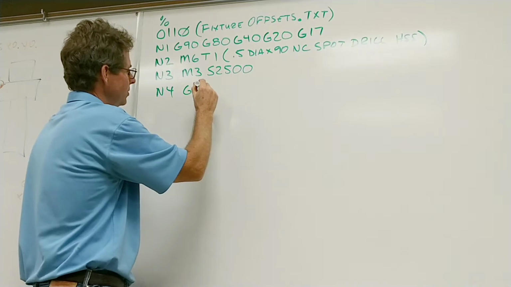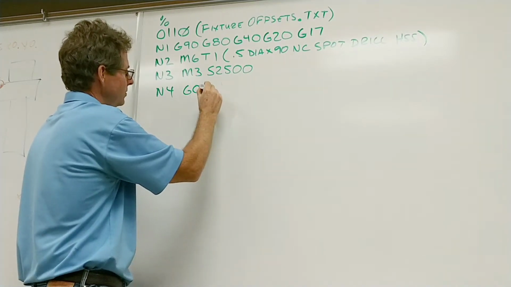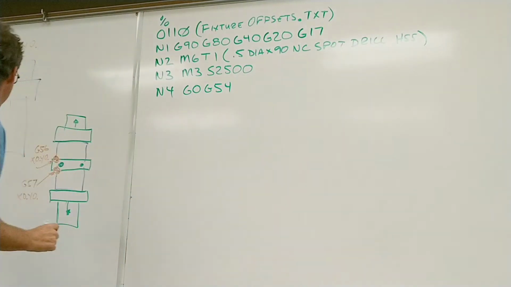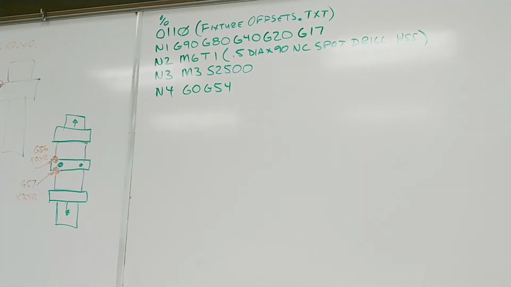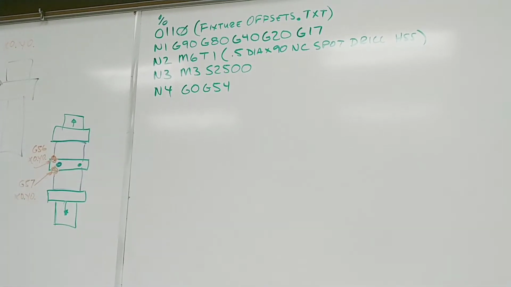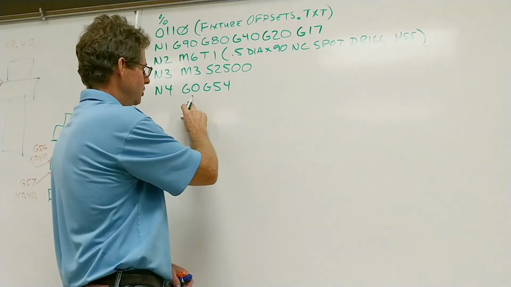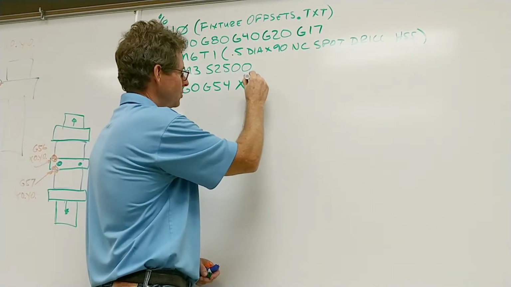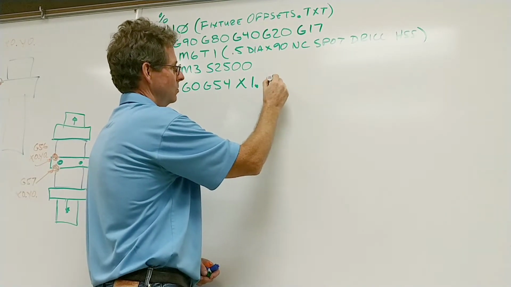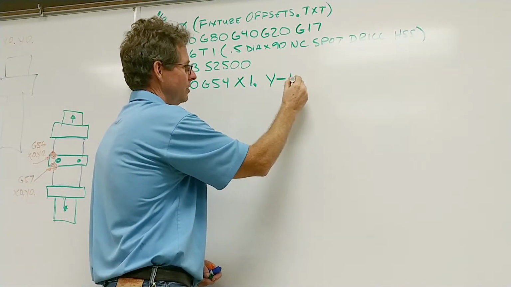I'll say G0, we're in the G90 mode, G54. If I was going to a hole position, let's say I was going to do a hole, I have 2 holes to do right there. I'm just going to call it 1 inch over and 1 inch down relative to that G54. I would say G0 G54 X1. Y minus 1.